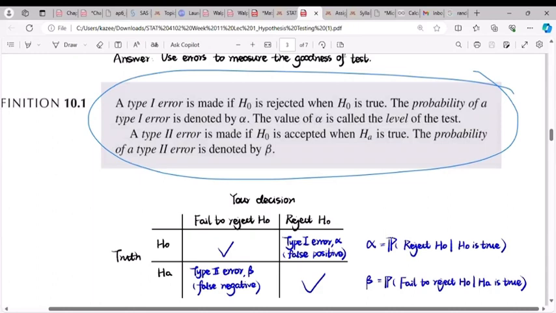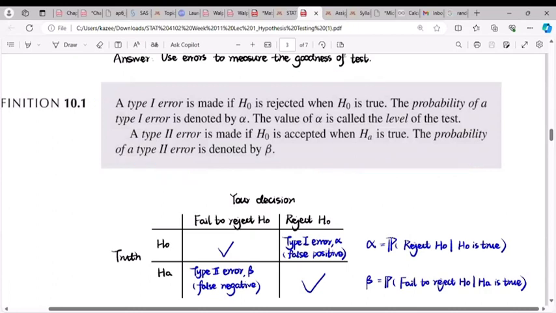The probability of a type 1 error is denoted by alpha. Please take notes. Whenever in research you see they tell you alpha is 5%, which is the same thing as level of significance, that is the maximum probability of committing type 1 error.